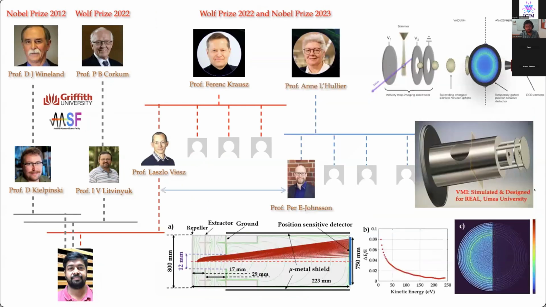There, to look at those processes, I had to collaborate with Per Johnson, who is a subordinate of Anne L'Huillier, Nobel laureate, to construct this velocity map imaging spectrometer, one of the detectors, which is not readily available in the market. We had to construct it. I simulated and constructed this for their mission.